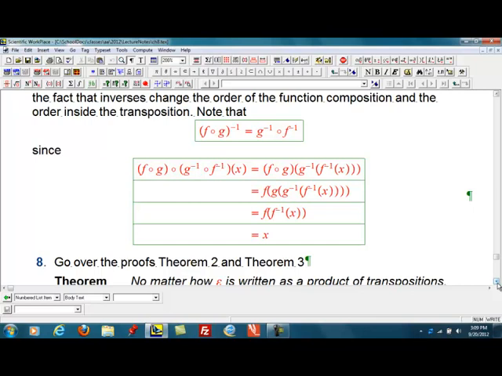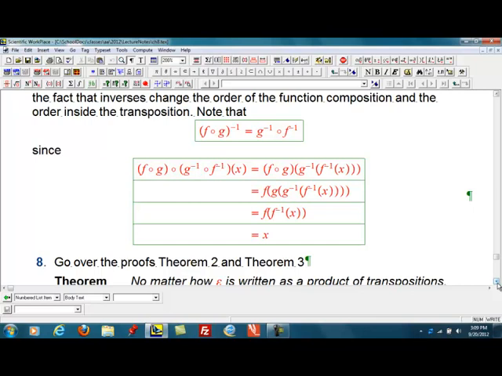Well, if you have function composition and you're doing the inverse of function composition, it is just going to be: switch the order and take the inverse of each one. Switch the order, take the inverse of each one.